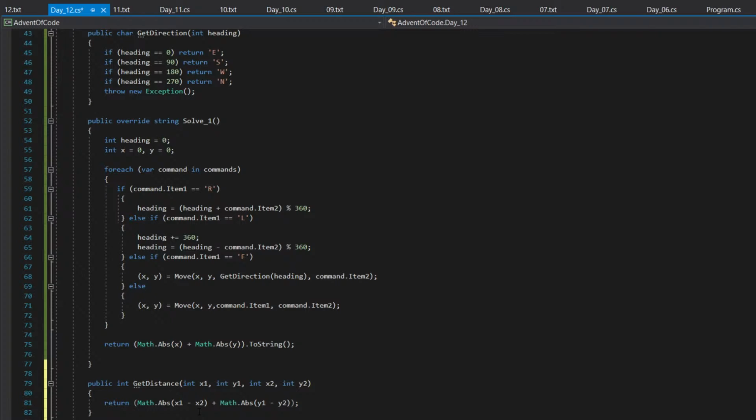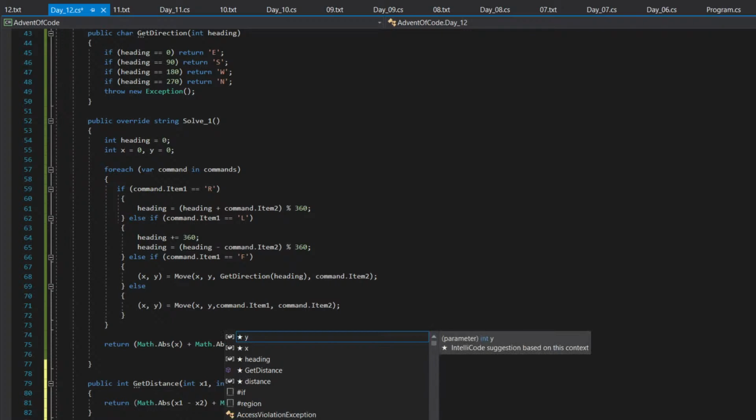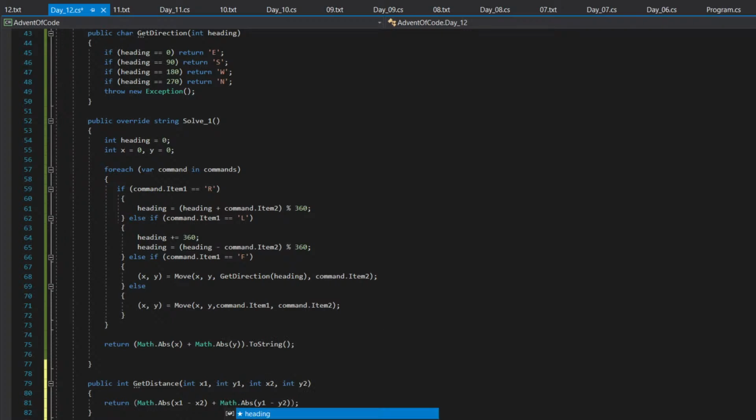X2 is going to be our distance, which is, I guess, going to be our radius. So distance times cosine of our heading plus our ship, right?